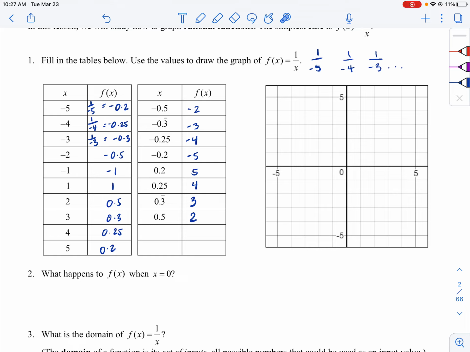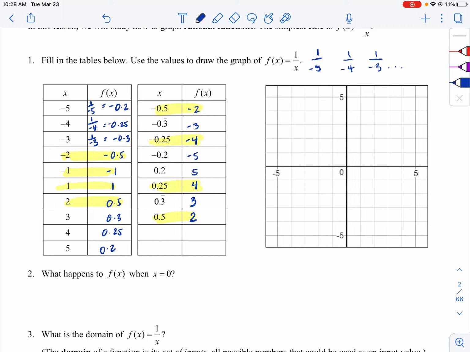It's a lot to plug in all of these values, so let's focus on the values that are easy to plug in, like whole numbers or halves, because it's kind of hard to look at where 0.3 is. And over here, maybe I can even use 0.25. All right, so let's plug that in.